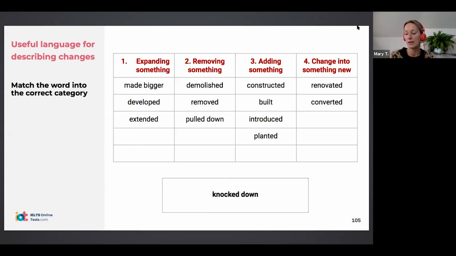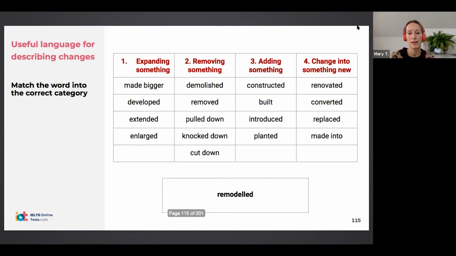Knocked down. Two, yep. Replaced. Yeah, it's four, that's right. Good. Made into. Yeah, that's four, good. Enlarged. One, yes. Cut down.